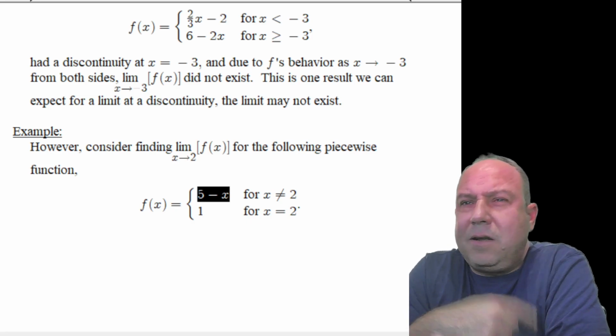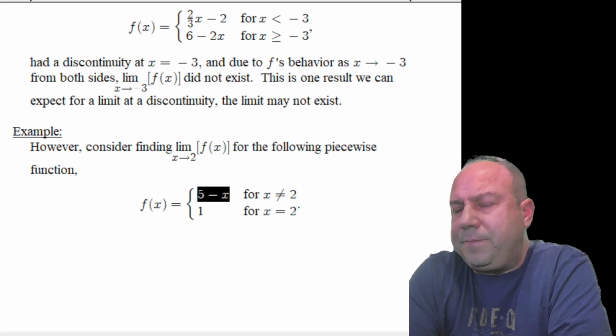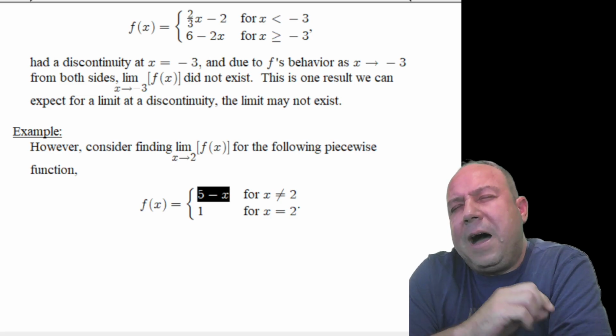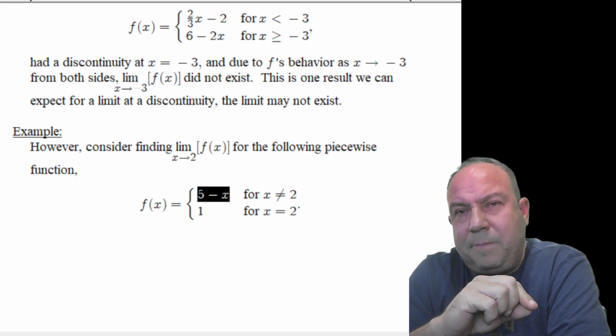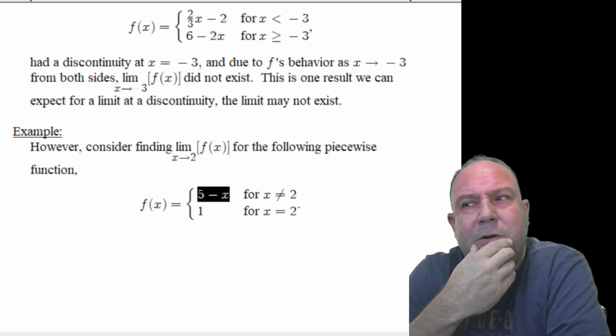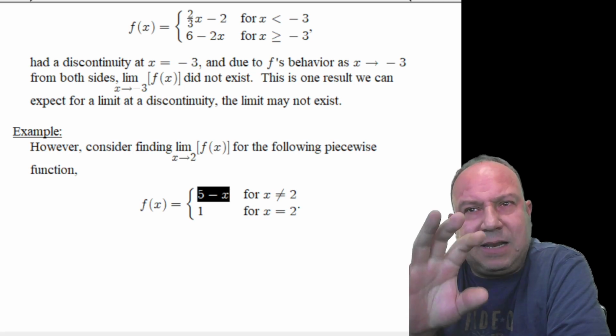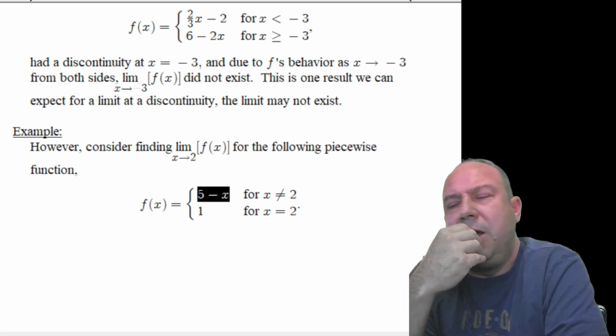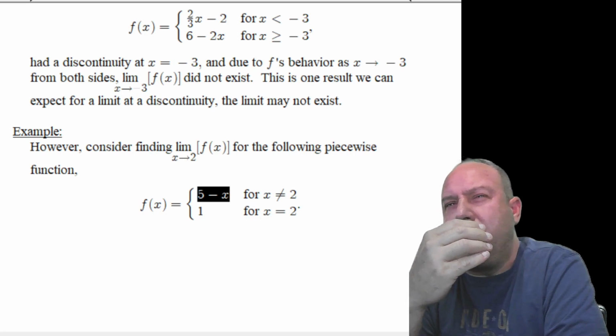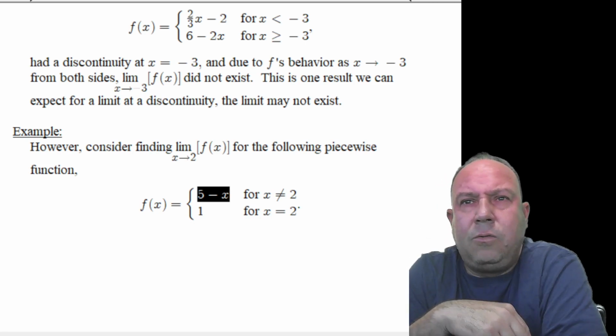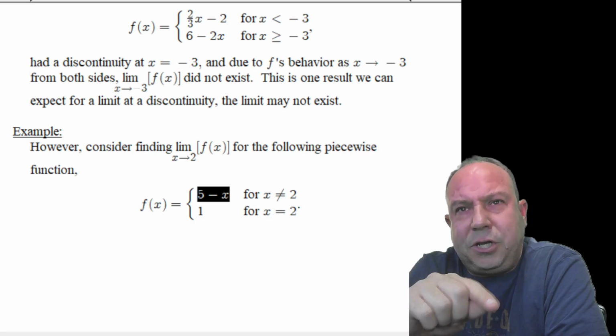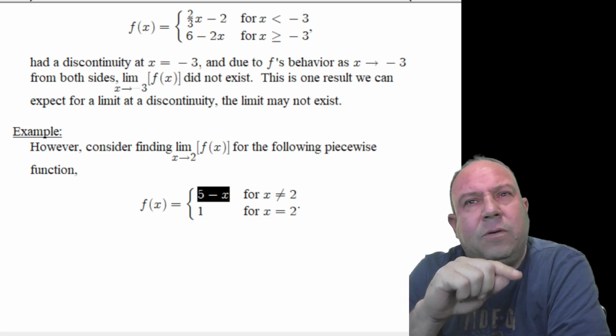And how do linear functions behave for limits along them? Well, they're continuous over their entire domain when not in a piecewise nature. So the value of this linear function alone, when x approaches 2, is going to yield the value of 3.